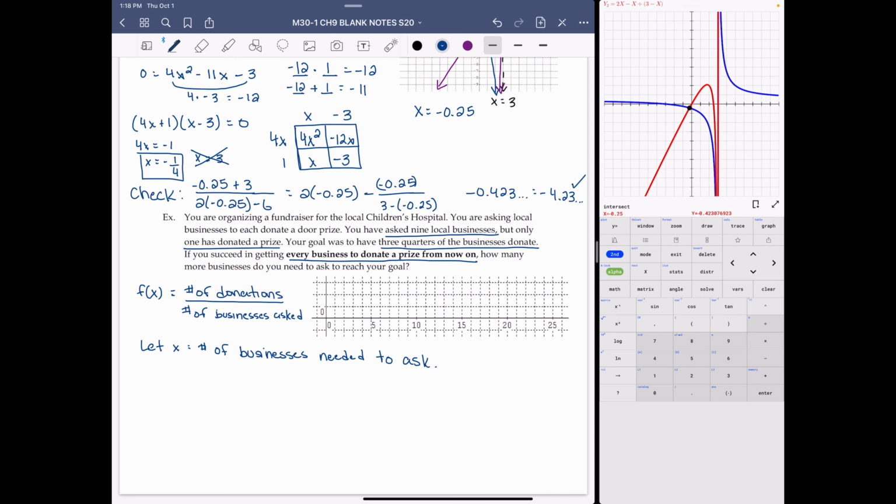So our goal is 3/4, and that's going to equal the number of donations, which currently is 1, plus the number of businesses we ask from now on, because everybody is going to be donating from now on according to our question. And then over the number of businesses we've asked, which currently is 9, plus we're going to ask x more. There's our function.